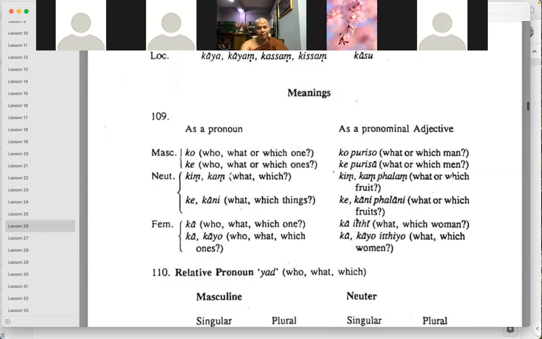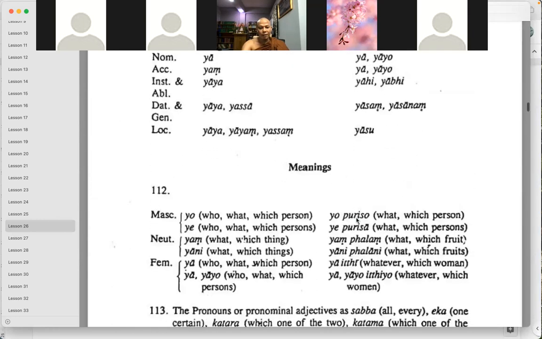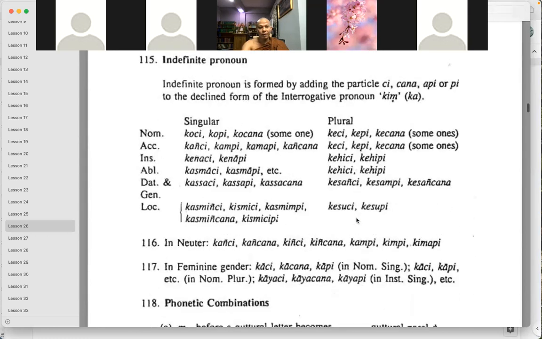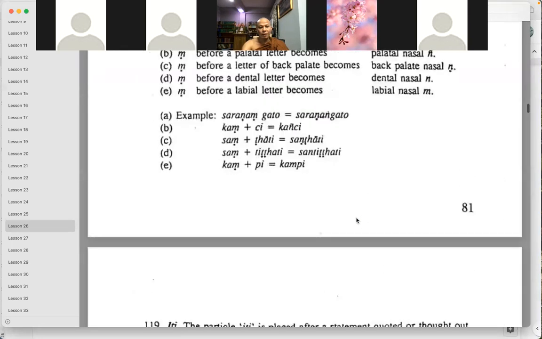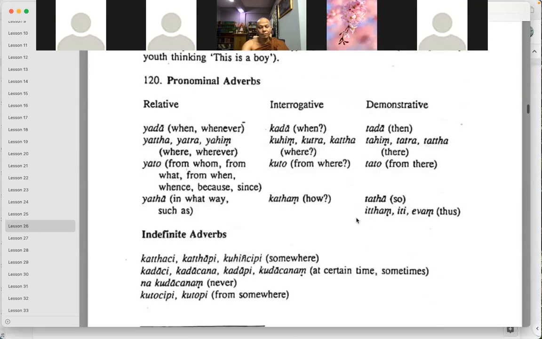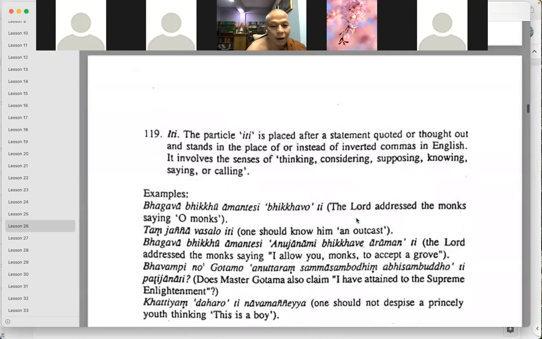But in 120, pronominal adverb, why did they put interrogative under pronominal adverb? I think maybe it's separate. Yeah, I don't know why.